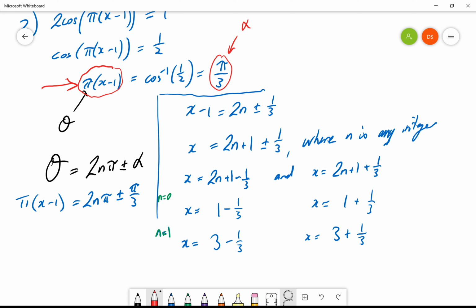And so that's why you don't divide by pi in that state. You take that as your theta, and you take this as your alpha. And you've got to go from there. Because if I divided by pi, then my general solution would look wrong, and then I've got an extra pi in here, and that's wrong. And that's not what I want.